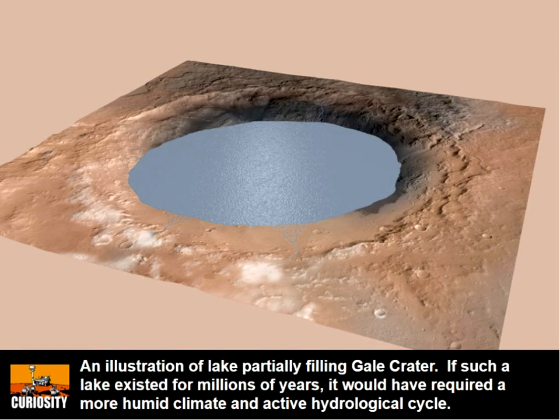And so it implies that 3.5 billion years ago, there was actually a much more humid climate on Mars, one that actually had a hydrologic cycle, like with lakes and oceans maybe, water evaporating and then raining out, snowing out somewhere else, and having a full hydrologic cycle like on Earth.